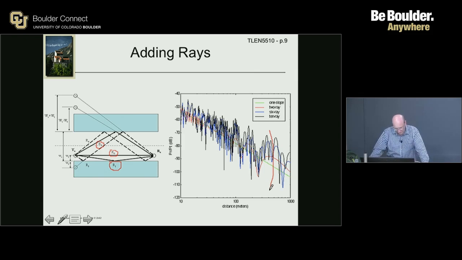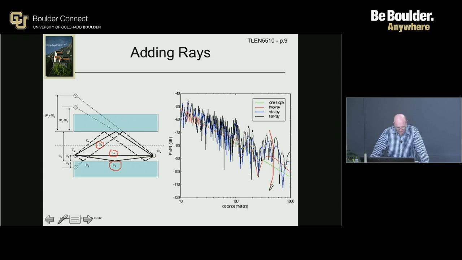In other words, R1 really hides 2 rays, a distance L1 and a distance L1 prime.